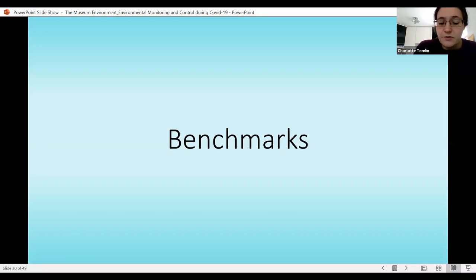The benchmarks are organised into basic, good, and best actions. By filling in whether you have met, partially met, or not met each benchmark, a rating is acquired on whether your museum practices are basic, good, or best. Let's have a look at the benchmarks that relate to environmental monitoring and control for temperature and relative humidity conditions.